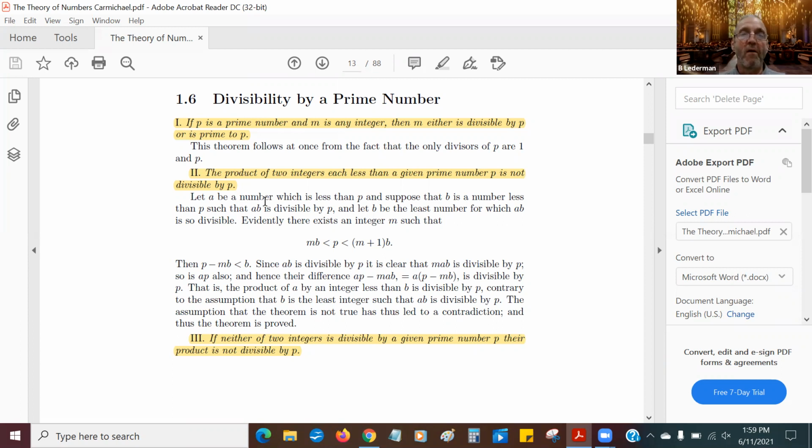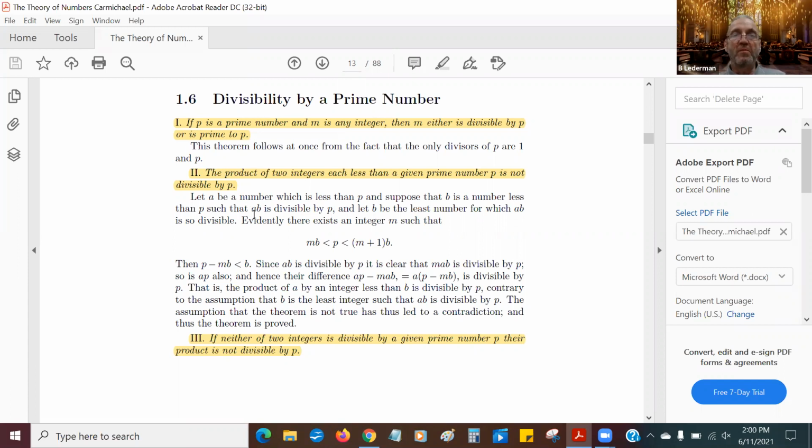Okay, so let's prove that. We're going to let a be a number which is less than p, and suppose that b is also a number less than p. And we're going to add the condition that ab is divisible by p. This is what we call a proof by contradiction, because we're assuming something that the theorem says is impossible.